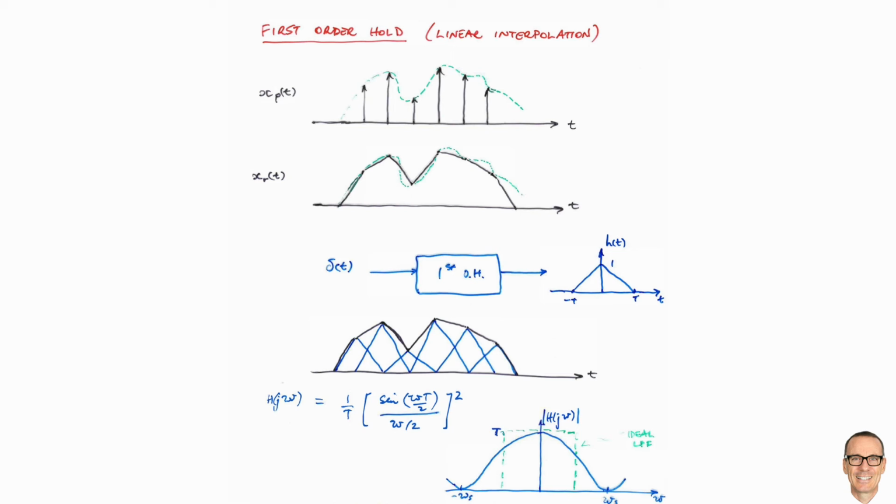And so this is again giving you a reconstruction. It's not exactly the original signal, but it is a practical reconstruction which can be done because the filter has a finite impulse response. It doesn't last forever like the sinc function did from the ideal low-pass filter. So this is another practical reconstruction method that is more accurate than the zero order hold.